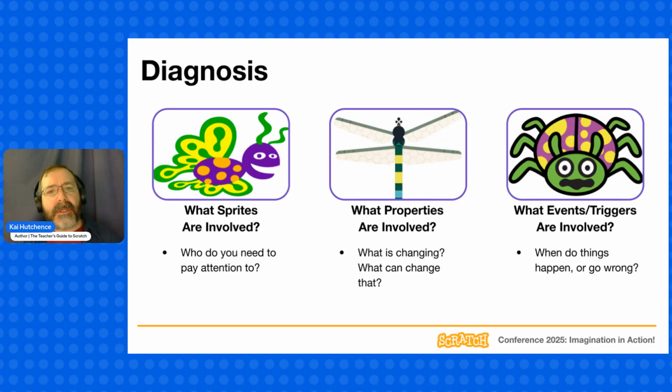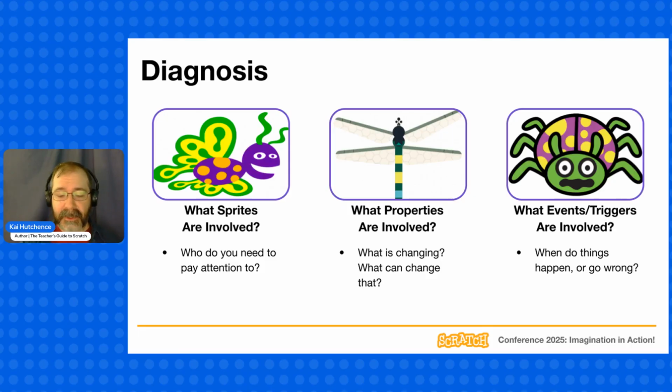We can then look at what properties are involved. This is a term that doesn't get used a lot in Scratch, but gets used a lot in other coding. So a property is some statistic or choice that applies to a sprite. And that's really how we define sprites.